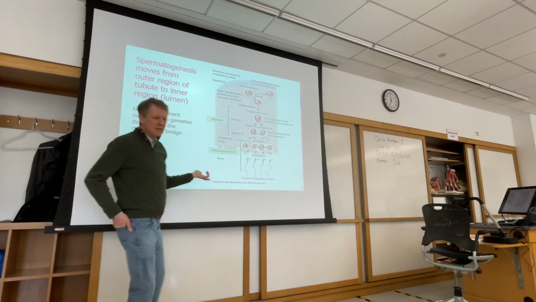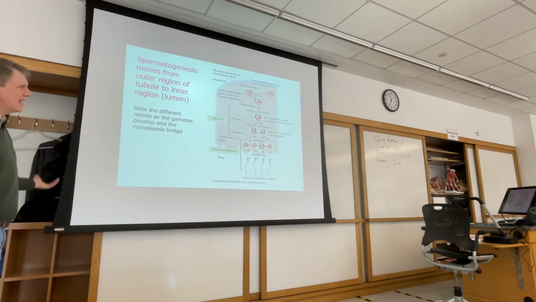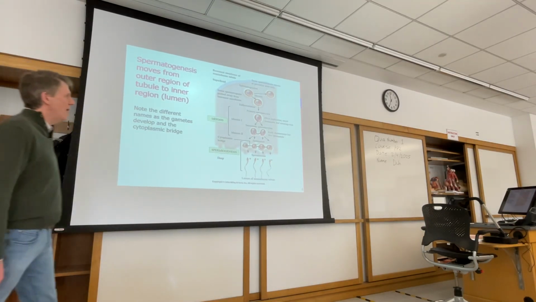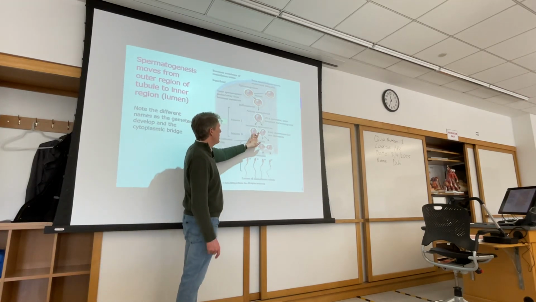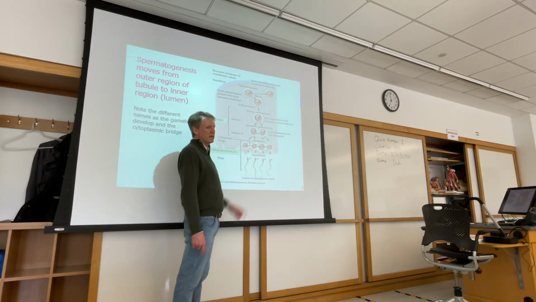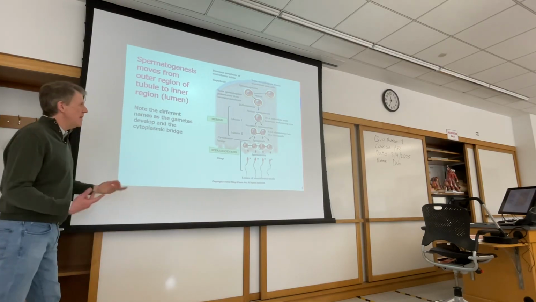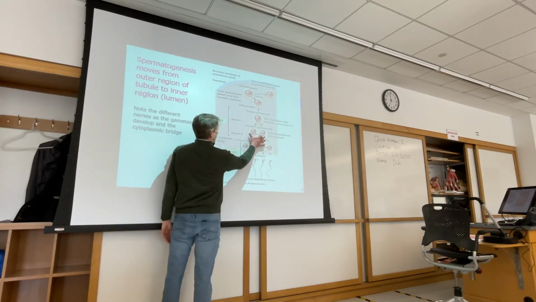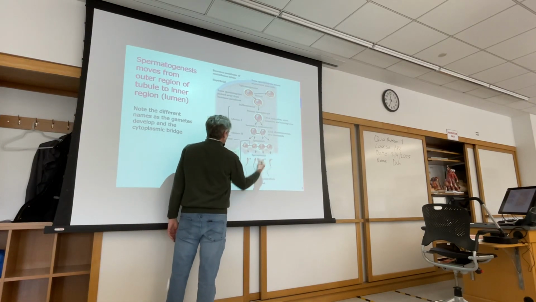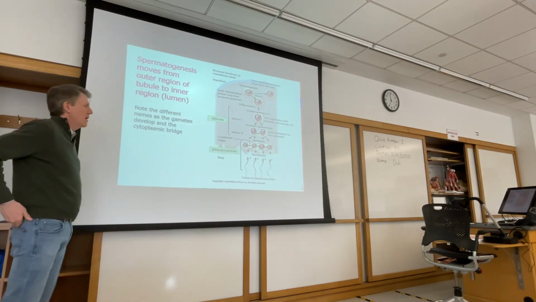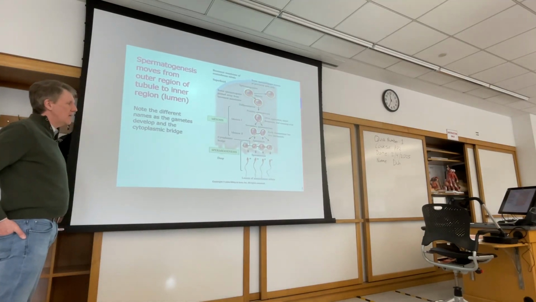And when that happens, unfortunately, somebody again thought it was a good idea to change the name. So after you finish meiosis 1, you now refer to these as secondary spermatocytes. And then they're going to undergo meiosis 2. And when you've done that, you've now got these 4 cells that are referred to as spermatids, each of which has 23 chromosomes.